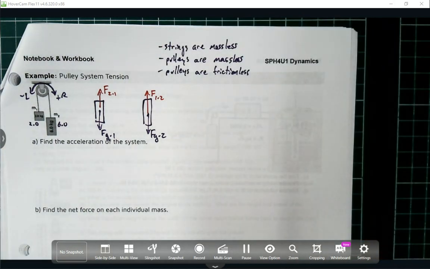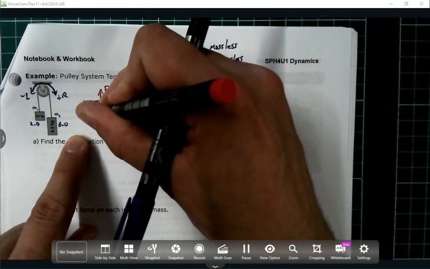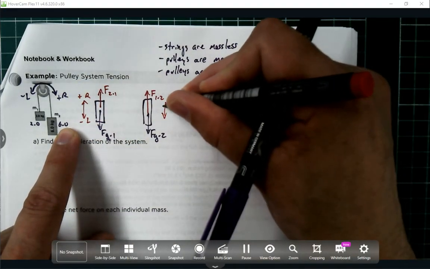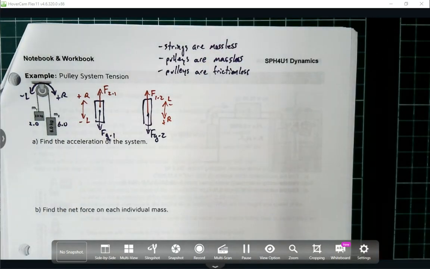And as soon as I do that, it looks like the action-reaction forces are pointing in the same direction, but they're not. Because this one to the left is down, and that's negative. To the right, up is positive. And for this one, to the right is down, positive, and to the left is negative. And so really, the reference frames are flipped. And we should be okay with that.